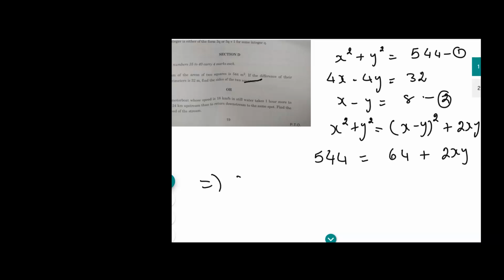From this you get 2xy is equal to 544 minus 64, that gives you 480. Therefore xy is equal to 240, and from this I get y is equal to 240 by x.